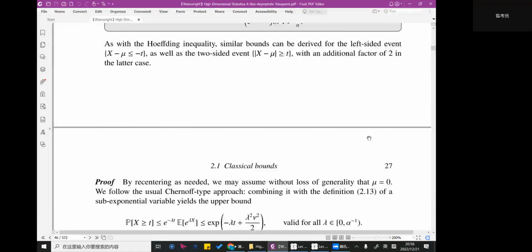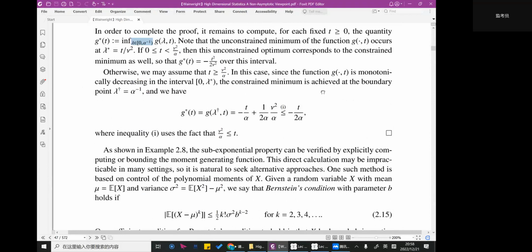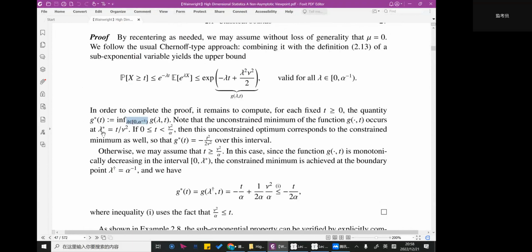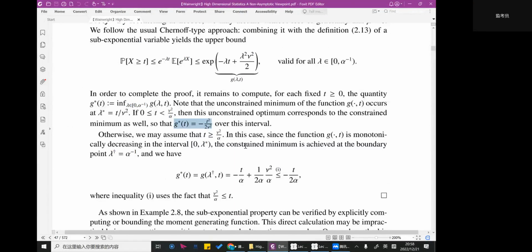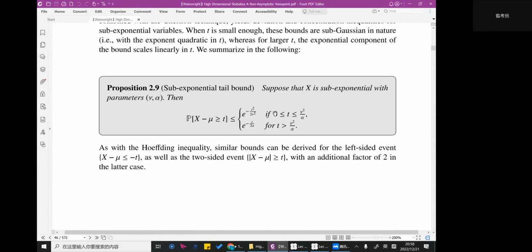Okay, by the definition of sub-exponential. When t belongs to different intervals, we get different optimal values of the function g. This is why we get these if-else different conditions in the tail bound.